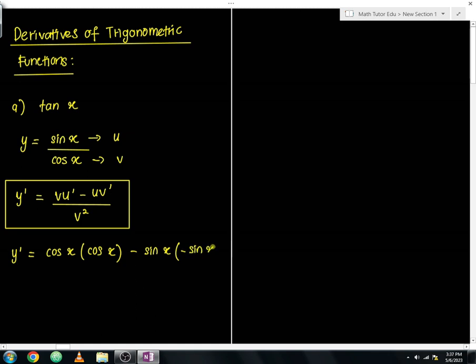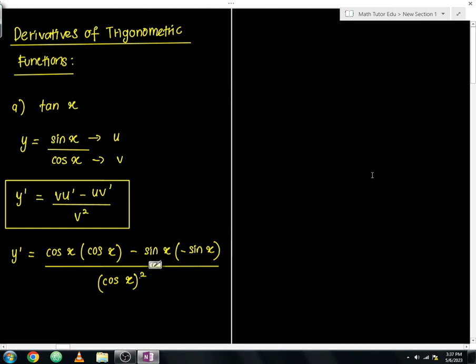So from here negative sine x. And then you divide by v square. In this case v is cos x, so v square is cos x square. So from here it will be cos x in a bracket square.